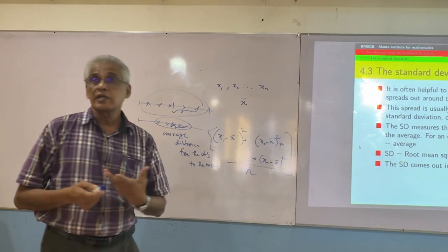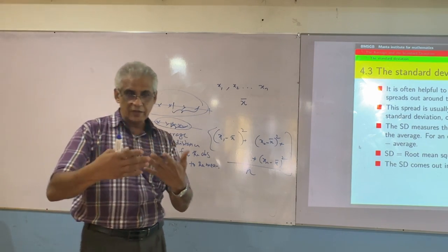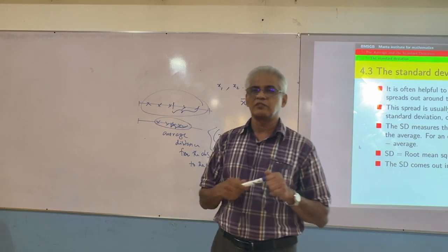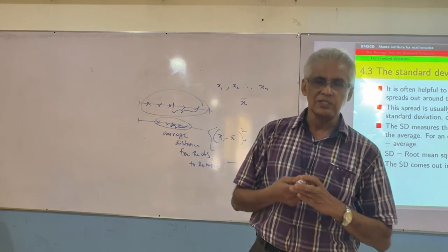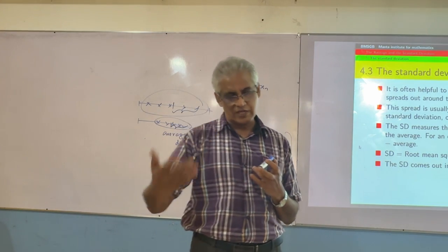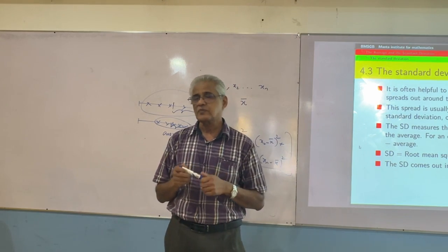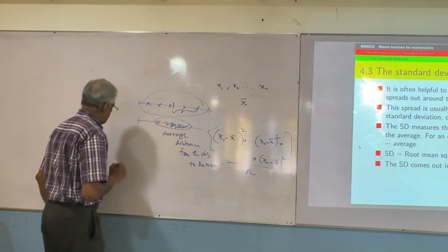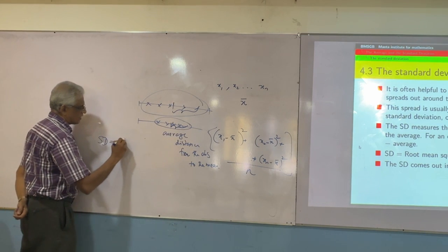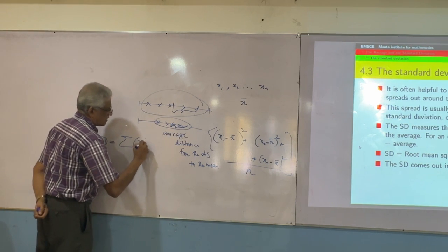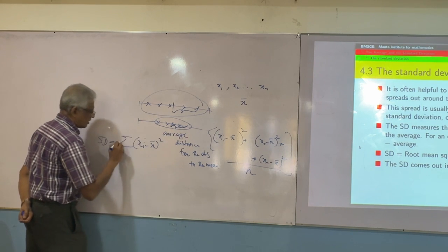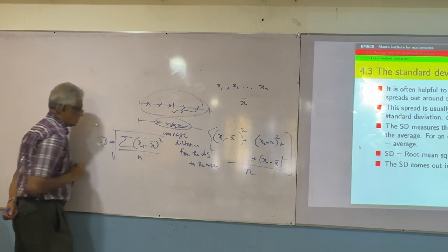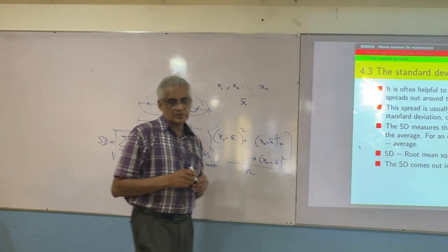In order to solve that problem, people take the square root of this. Instead of the variance, many people use the standard deviation, which has the same unit as the data. The standard deviation is defined like this: sum of xi minus x bar squared divided by n is the variance, and then the square root of that is the standard deviation.